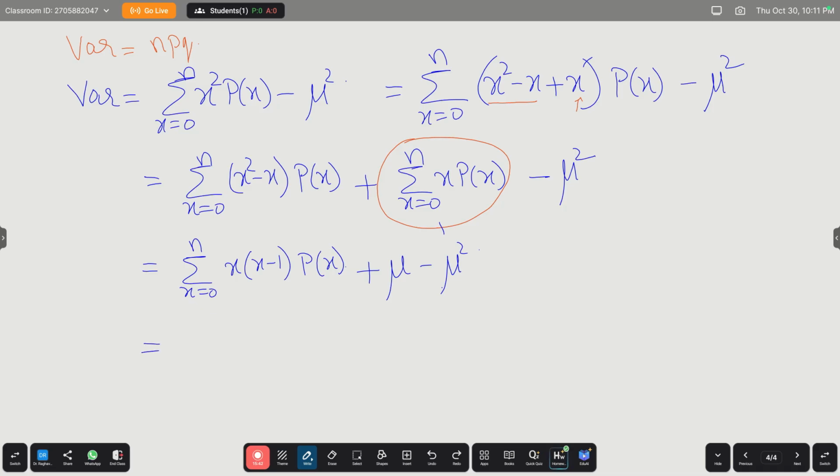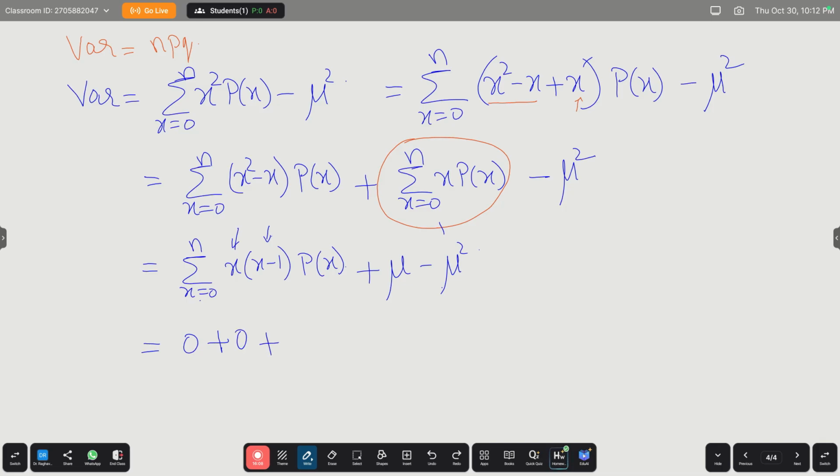So first, when I give the value x equal to 0, since this x is present here, this will be 0, 0 into anything is 0. Plus when I give the next value of x, 1, here x minus 1 is there in the bracket, so 1 minus 1 will give you 0, and 0 into anything is again 0.